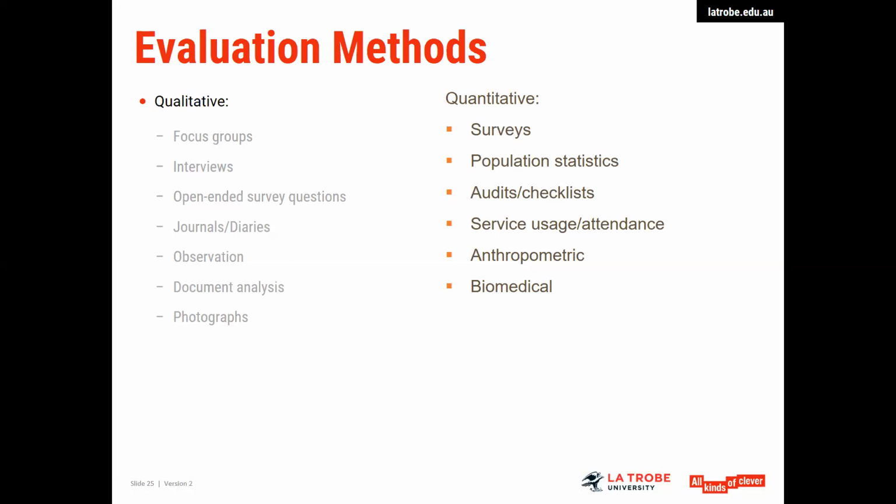If we're using quantitative approaches, then of course there are things like surveys. We can look at things like population statistics. We could do things like audits or checks. As I mentioned just before, we could look at service usage or attendance. We can look at anthropometric and biomedical measures.